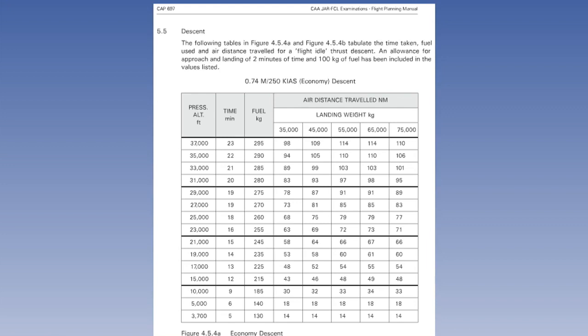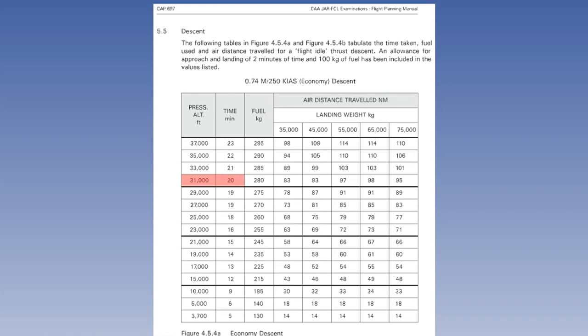Assume a standard descent from 31,000 feet and an estimated landing weight of 55,000 kilograms. Enter the table at 31,000 pressure altitude.